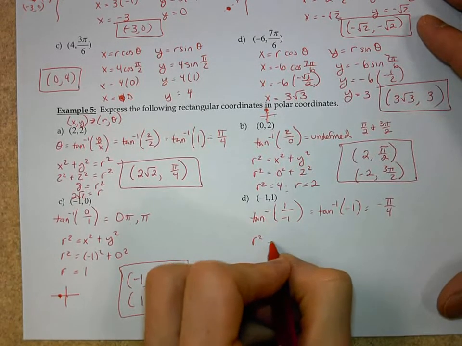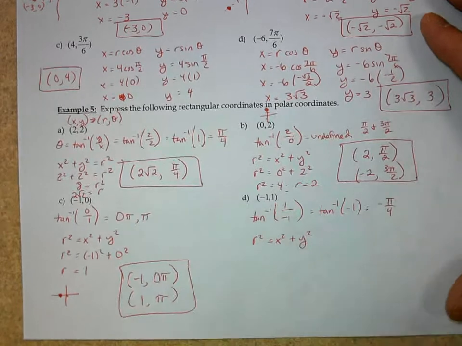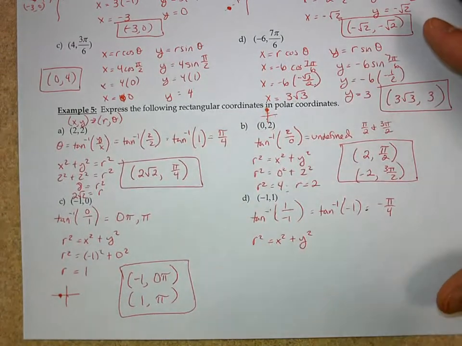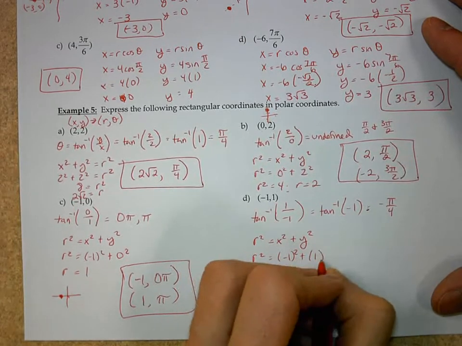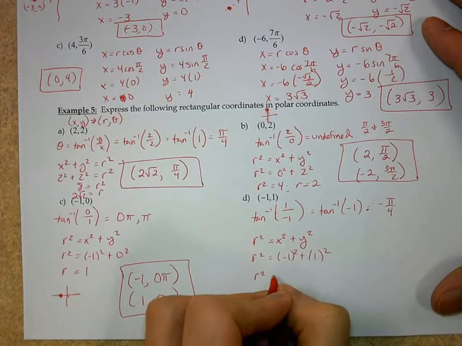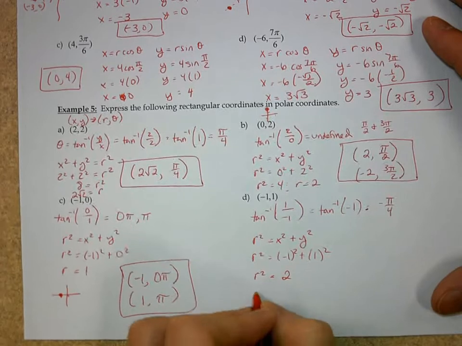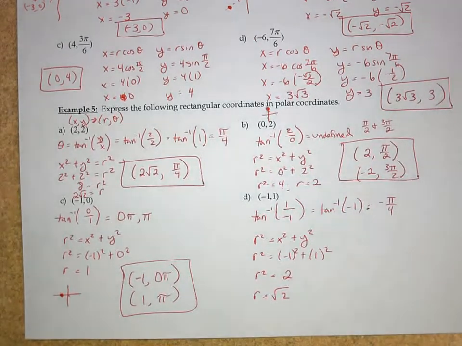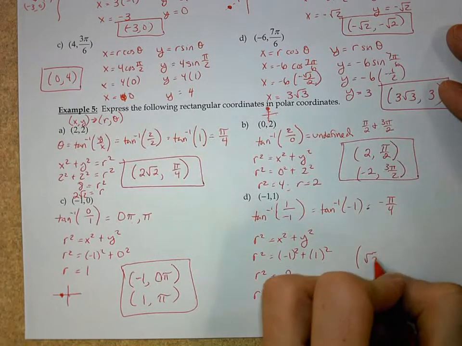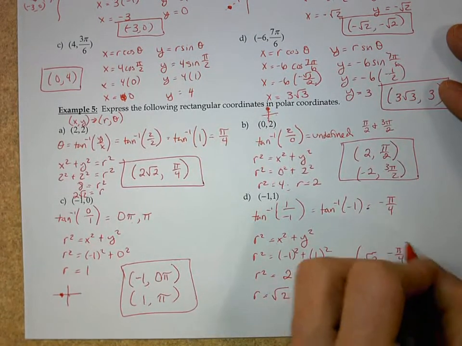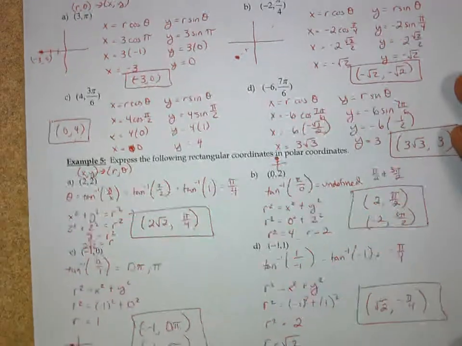Then we'll use our r squared equals x squared plus y squared. So r squared is negative 1 squared plus 1 squared. So r squared is going to be equal to 2. So r is equal to the square root of 2. So square root of 2 comma negative pi over 4.